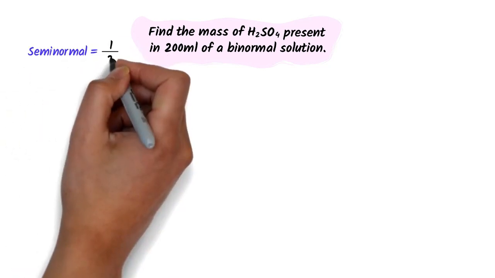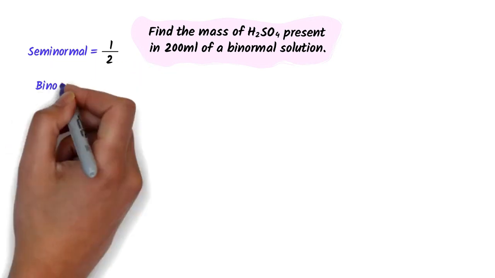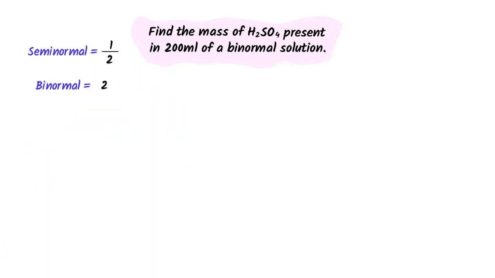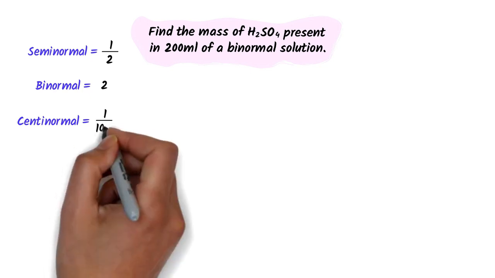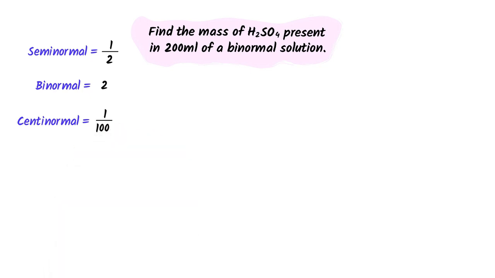Calculate the mass of H2SO4 present in 200 ml of a binormal solution. Remember that semi-normal solution means 1 upon 2, binormal solution means 2, centinormal solution means 1 upon 100, etc. In such type of numericals, normality is already given.